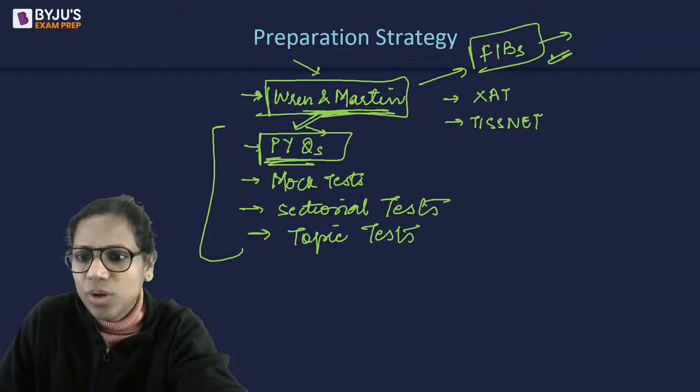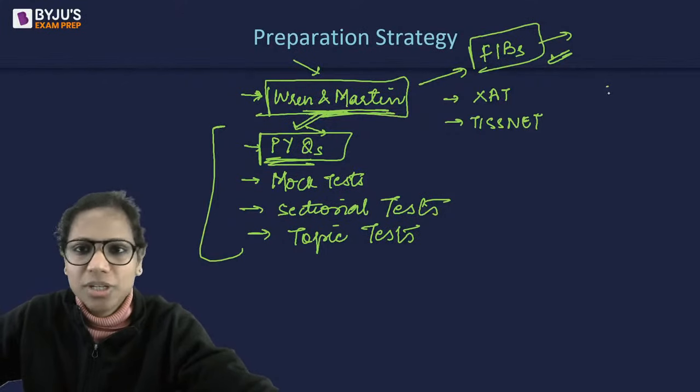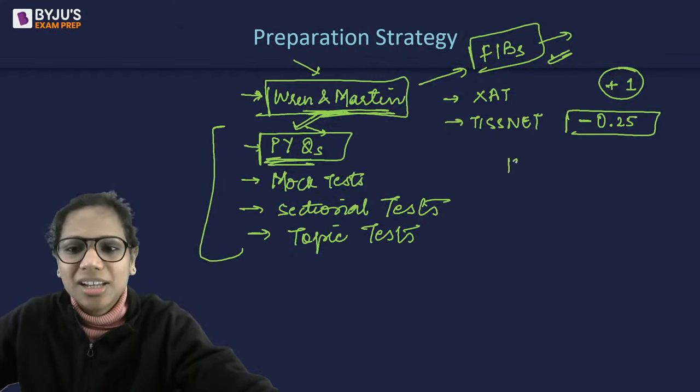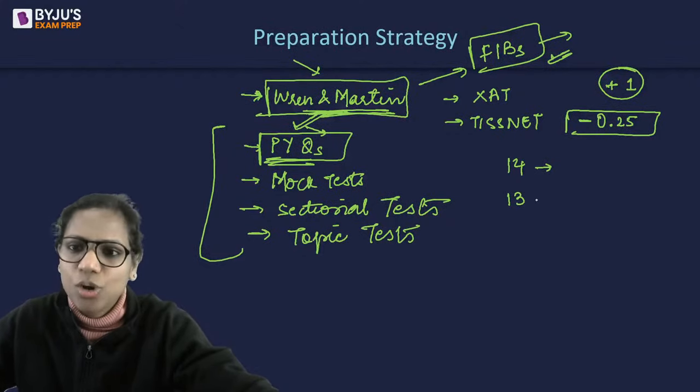If you get one question wrong, so basically you do not get anything for that question. Okay, so if one was correct you would get +1, right? Now you will not get that +1, now what will happen, minus 0.25, that's it. So let's say I attempted 14 questions. I got 13 of them correct.